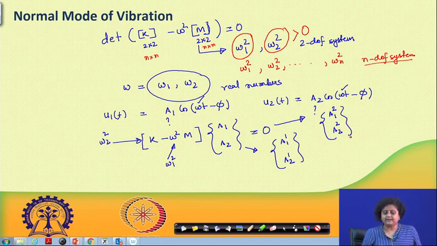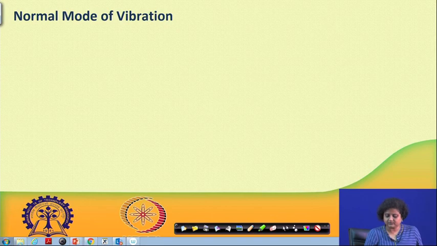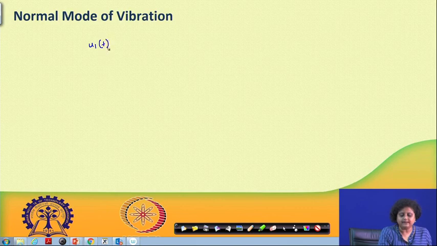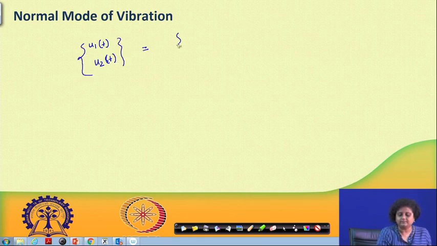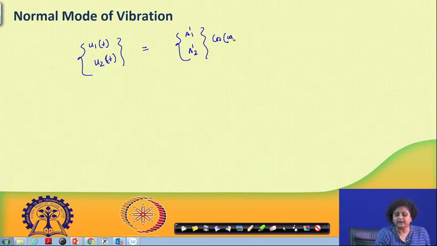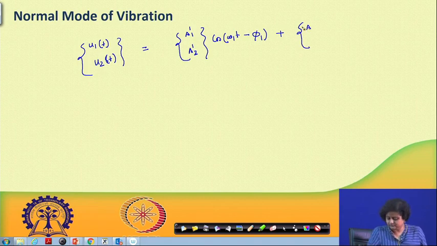Therefore, what do we see? We see that the solution u1(t) and u2(t), if I write them in vector form, is going to be A11, A21 times cos(omega 1 t minus phi 1), plus, this is one solution.